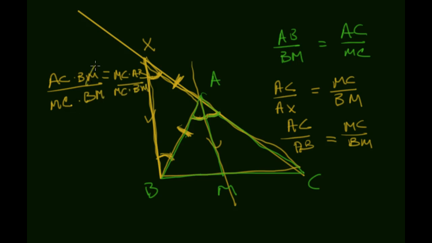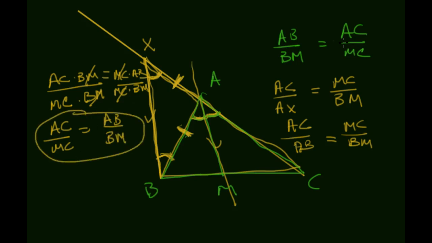If I do that, the two BM's cancel, right? Leaves me with AC over MC. Over here, the two MC's cancel. It leaves me with AB over BM. And if I take a look at that, and I take a look at what I'm trying to prove, those two statements, AB over BM is equal to AC over MC, say the same thing.